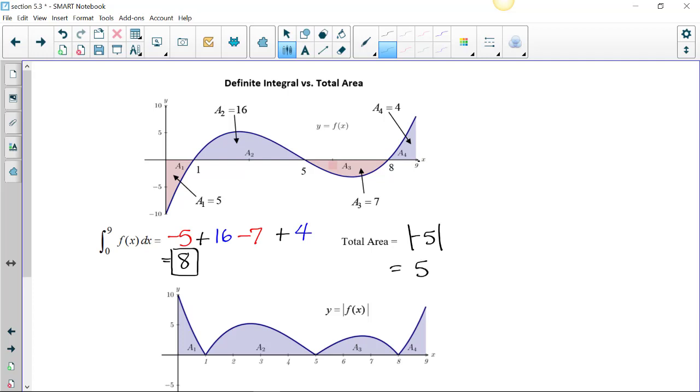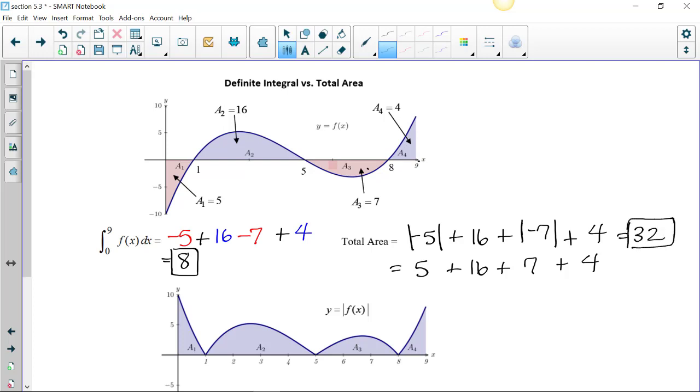So it would just be 5, plus 16, plus, if this area is 7 below, that would be considered a negative 7, but we take the absolute value, so we consider it just plain 7. And then the last region is above, so it has an area of 4. When I add those up, I get 21 and 11 is 32. So there is a difference.